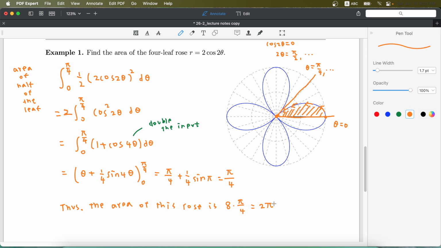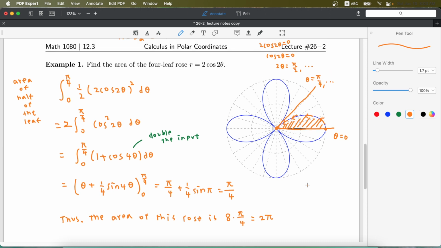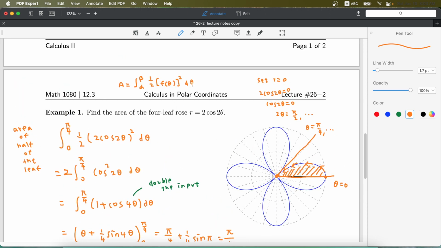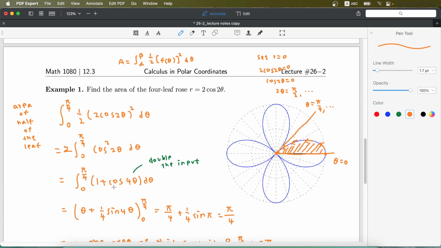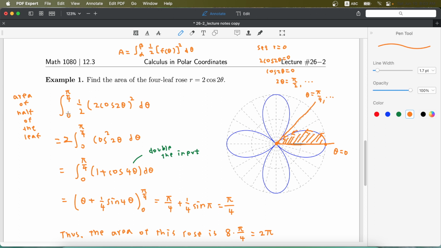Okay, so you can see that right here, we use this formula, 1/2 r squared d theta. Okay, 1/2 r squared d theta. And notice that for polar equations, most of the time you will need to integrate cosine square or sine square. Okay, and in that case, we have to use the half angle formula. Now I think in the past, students struggled on finding the bounds.